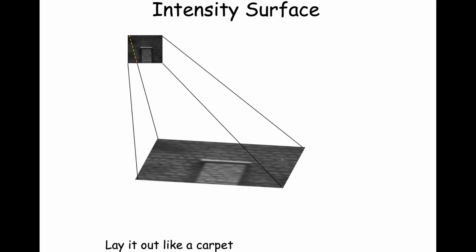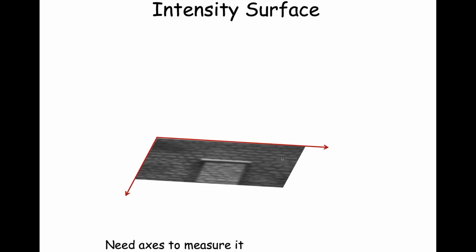So we have our grayscale image, and you can imagine you lay it down on the ground or on a planar surface like a carpet. Just lay it all out. Now, when you lay it out, of course, we're going to need some way, and we'll impose some axes on it, that we're going to use to measure the position of a pixel within that image.